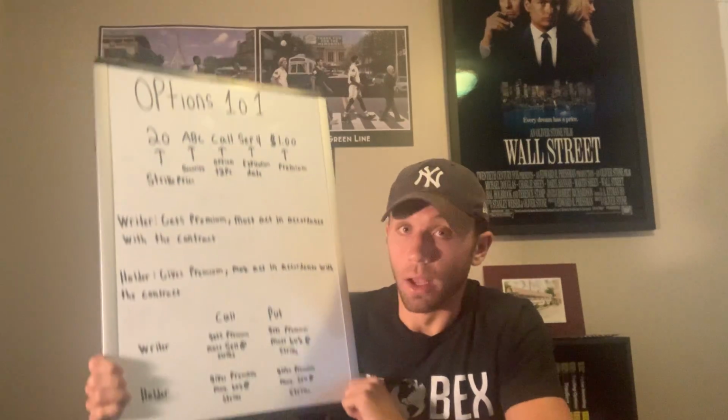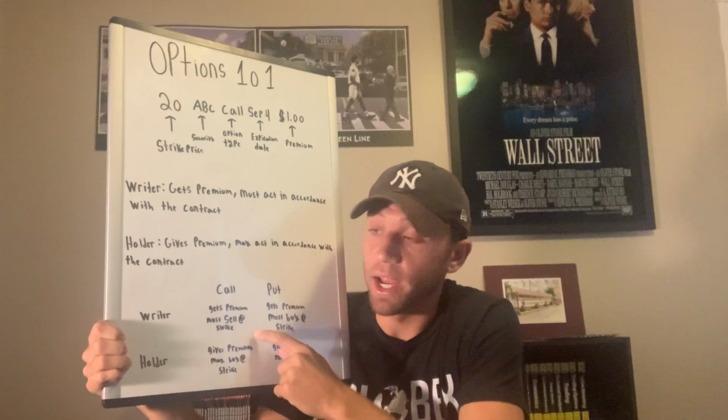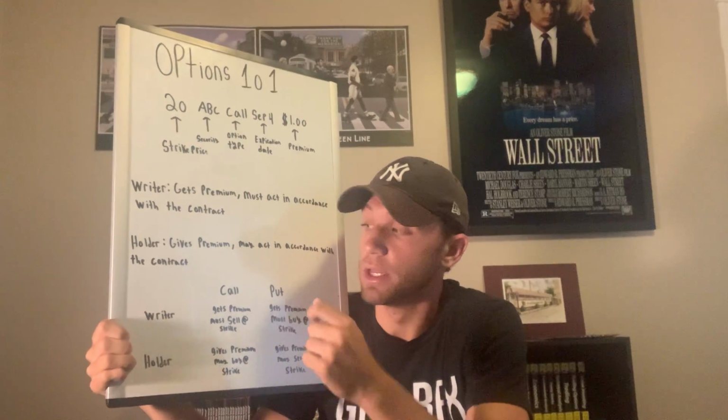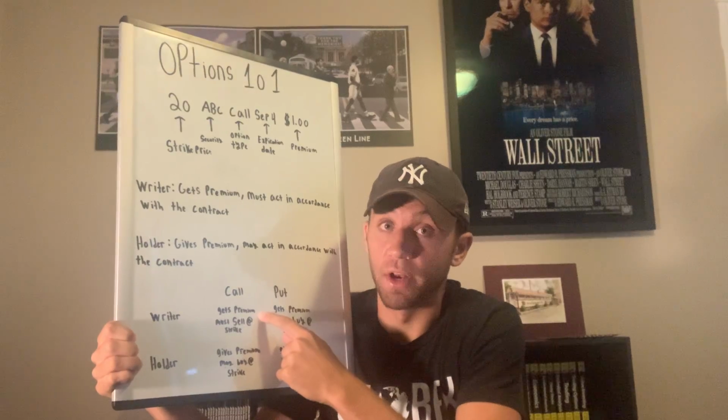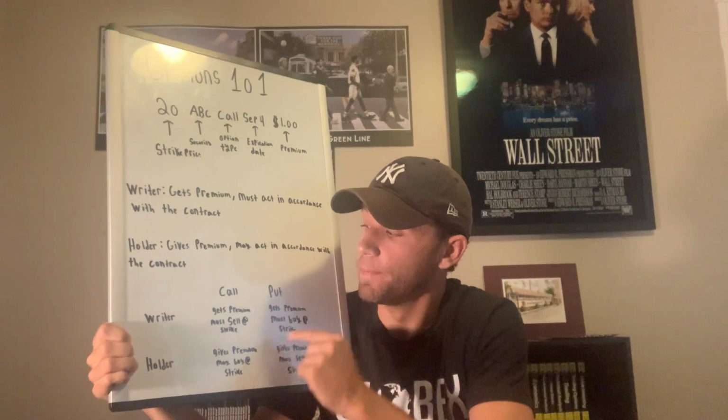So, going over again, the call writer must sell at the strike price. So they get the premium, but if the stock goes at or over the strike price, they must sell the securities to the call holder who gave the premium and has the right to buy the securities from them at a specific strike price.